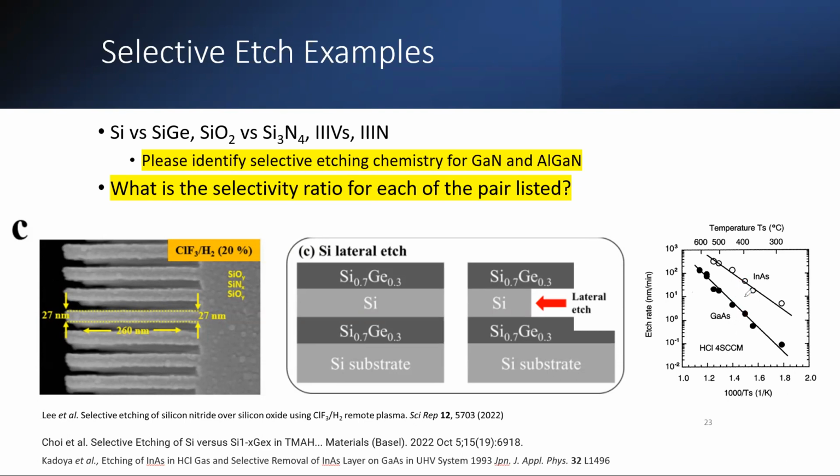So if you want a selective etch of InGaAs versus gallium arsenide, you could use HCl. All these are examples that you could use. These are all chlorine based. So getting more and more complex.